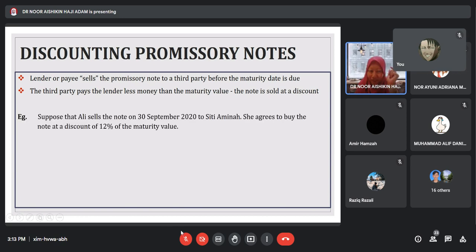Boleh baca? So let's look at this example. Less money than the maturity value, third party tu yang bank tu lah. Less money than the maturity value tu maknanya the amount of proceeds lah.